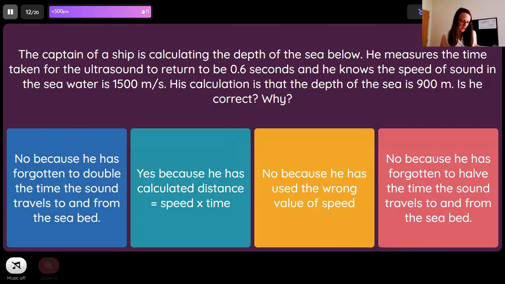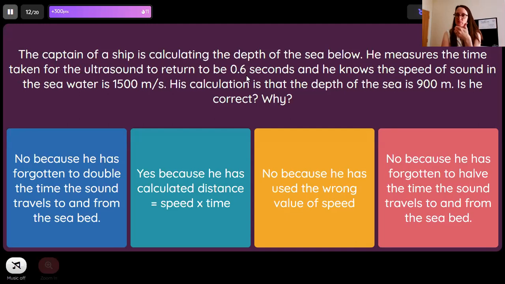So, I can't find my working for this one. There we go. So the answer is no. And how do we know it's no? Well, we know that speed is distance divided by time. He's got the time to return as 0.6. Now we know that that's double the time taken to get to the seabed.